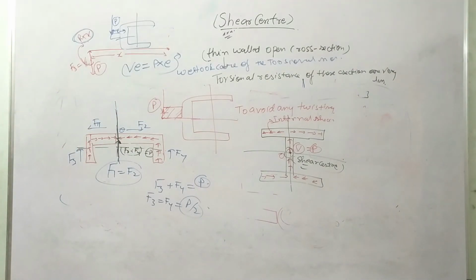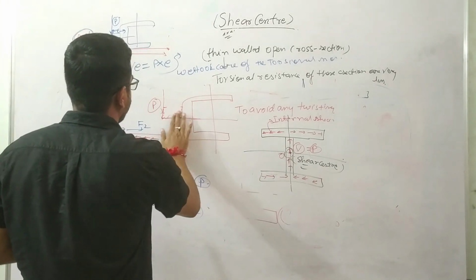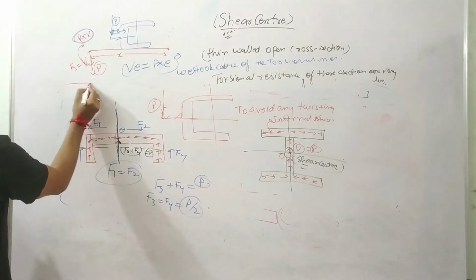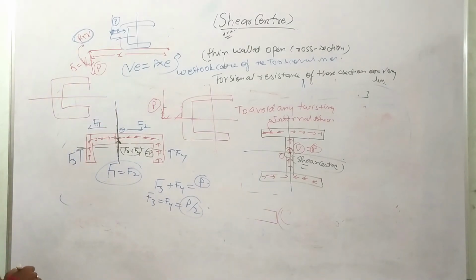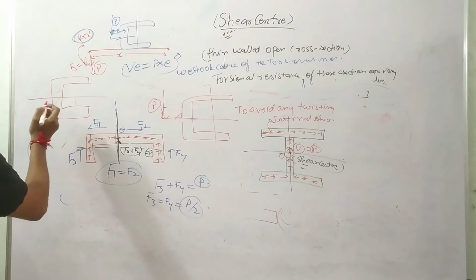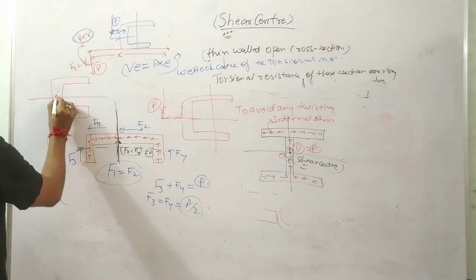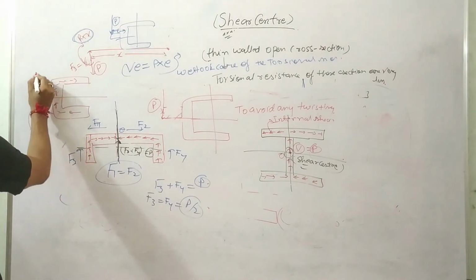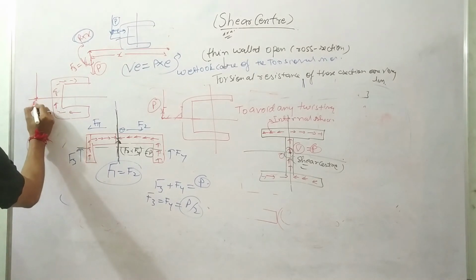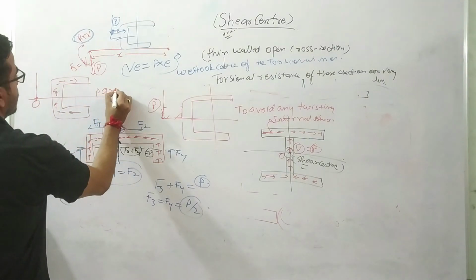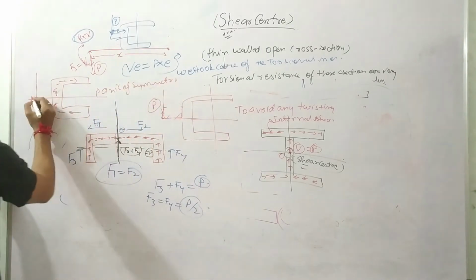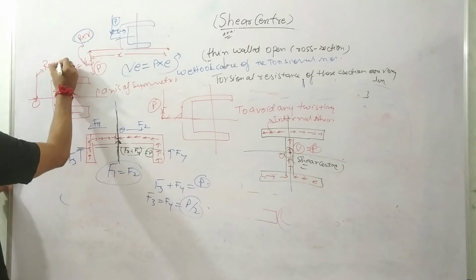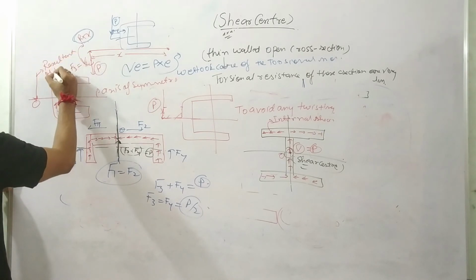And one more thing, in case of this C section, this channel section, this is our axis of symmetry. Okay, so the resultant of internal shear and the axis of symmetry coincide at this point. This is the axis of symmetry, and this is nothing but the resultant of internal shear.